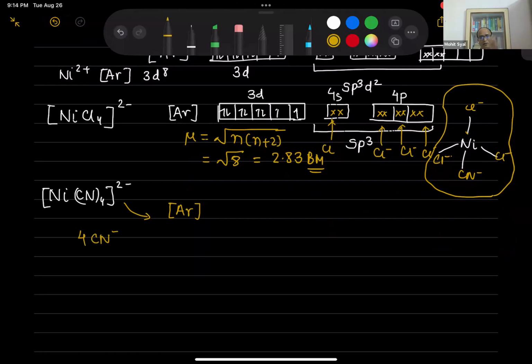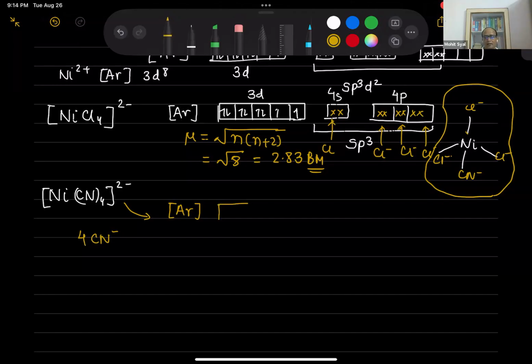NO2, CN, and CO were the last 3 strongest ligands in the spectrochemical series. They are the strongest of all the ligands. So they will force the unpaired electrons to pair up, right?